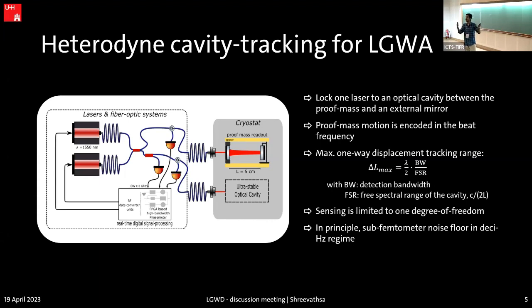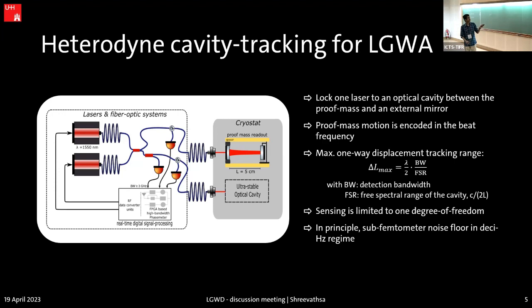Yori showed us how the proof mass will look, and you can attach a mirror to this proof mass, and then you have another very highly stable mirror, and you create a cavity out of it. So this cavity is made out of the proof mass and can read out the motion of the proof mass.